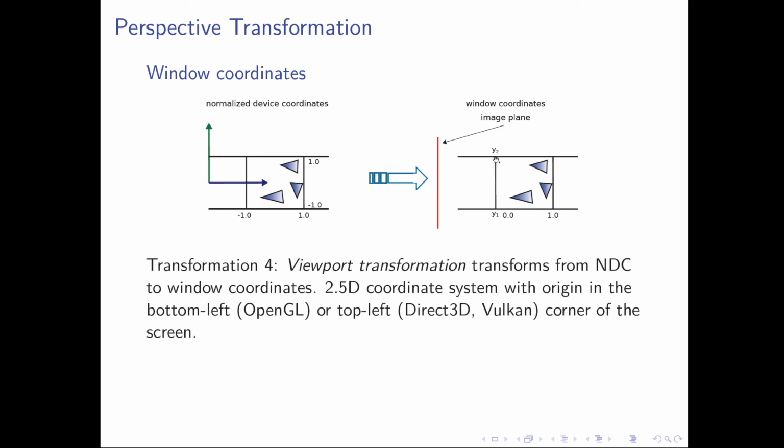That means that we essentially now identify our vertices using 2D positions and a depth. Depending on the API, the coordinate system's origin is either in the bottom left corner or in the top left corner. In OpenGL, we have the bottom left corner, and in Direct3D and Vulkan, the origin is the top left corner.